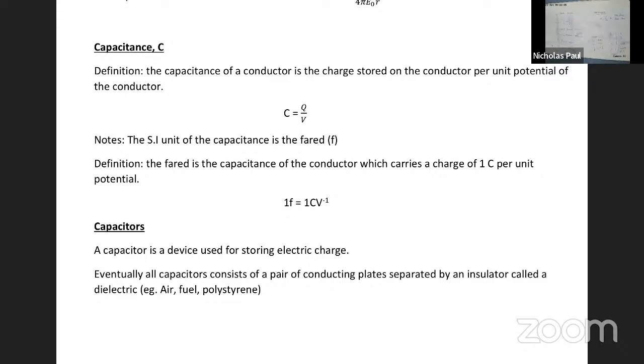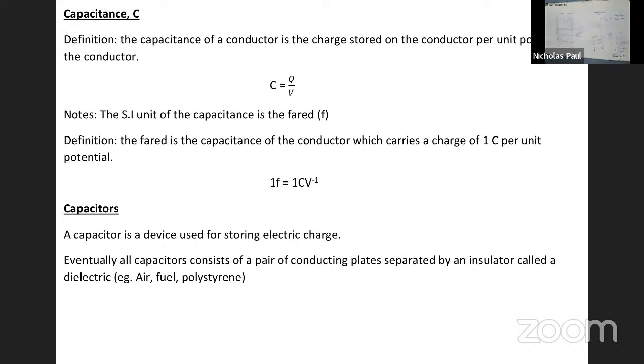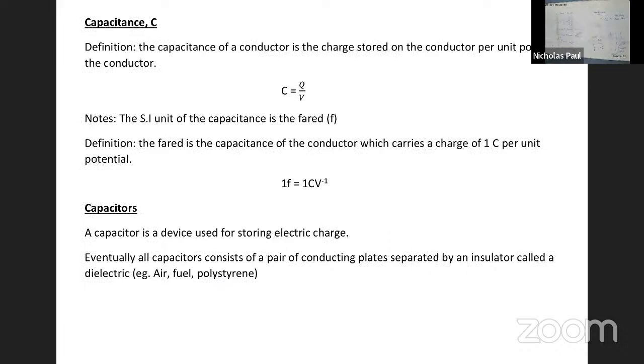All right, ready? So we want to talk about capacitance. Capacitance is basically a conductor's ability to store charge. You don't have to write everything here. We'll just run through this, and then we'll do some simple calculations on it.